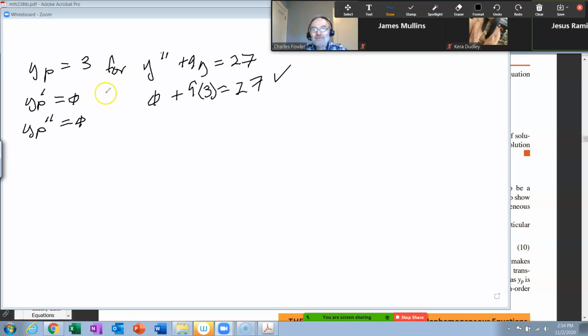I couldn't think of the word arbitrary parameter. You don't even want to put an arbitrary parameter. If you try to put an arbitrary parameter, it's not going to equal that. So this is a particular solution for that differential equation that has no arbitrary parameters associated with it. Okay?